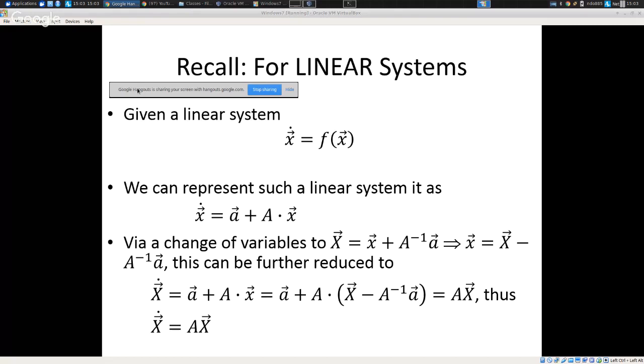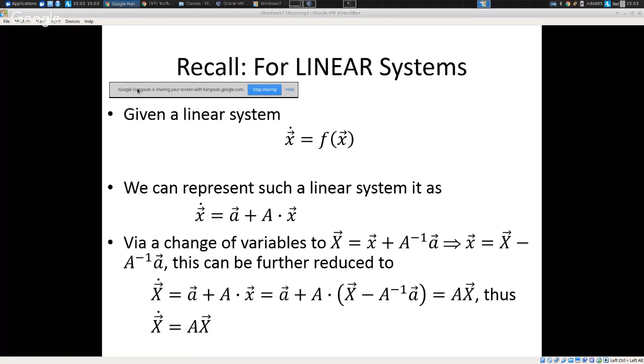So specifically, we can write x dot equals some vector plus some matrix A times x, where this is matrix multiplication. All this matrix does is take linear combinations. So it takes 0.2 times the first element of x plus 0.3 times the second plus 0.1 times the third.